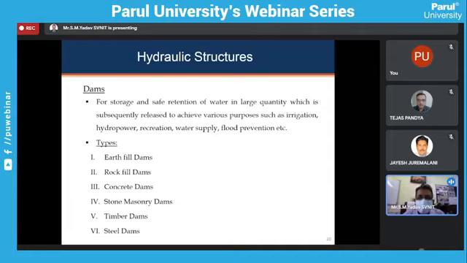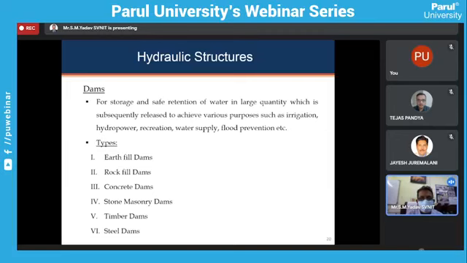When a dam has a single purpose, it could be irrigation, and when it is a multi-purpose dam, it may have irrigation, hydropower, recreation, water supply, flood prevention, etc. There are various types of dams used worldwide for the storage of water, like earthfill dam, rockfill dam, concrete dam, and stone masonry dams to a small extent, timber dams, which somewhere may be used in a very small amount, and steel dams.